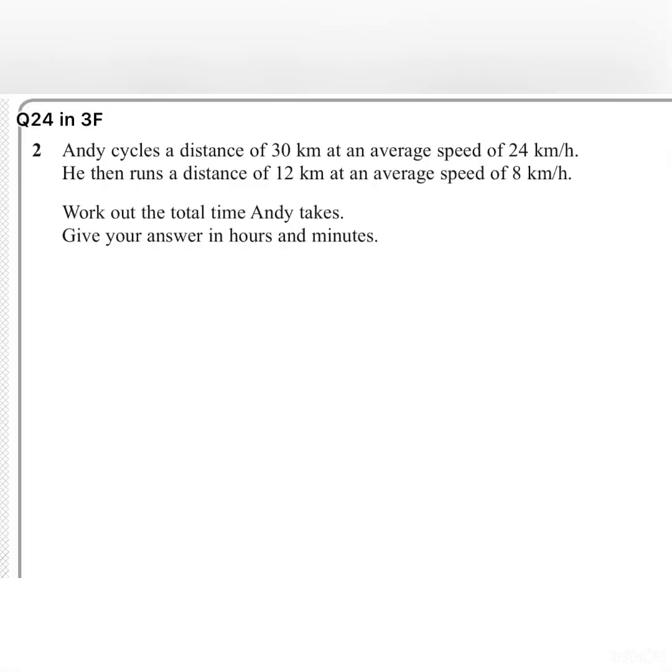Okay, question 2, it says Andy cycles a distance of 30 kilometers at an average speed of 24 kilometers per hour. And then he runs a distance of 12 kilometers at an average speed of 8 kilometers per hour, and work out the total time it takes, and give your answers in hours and minutes.